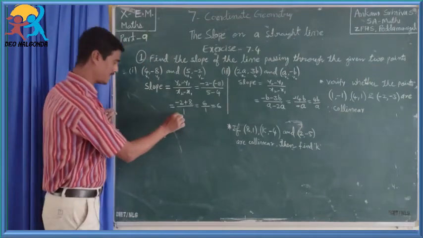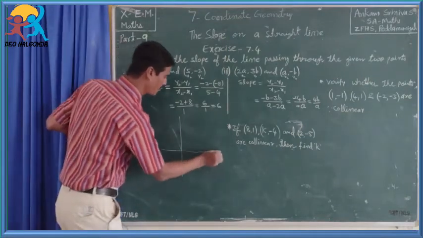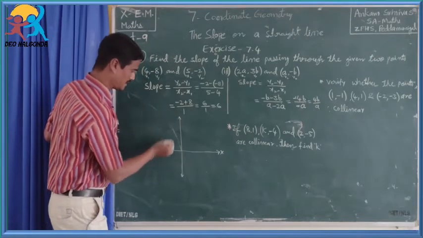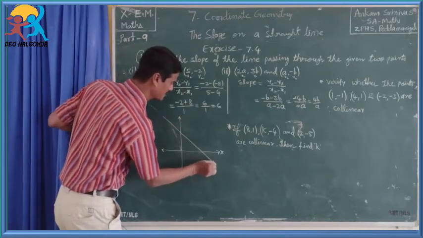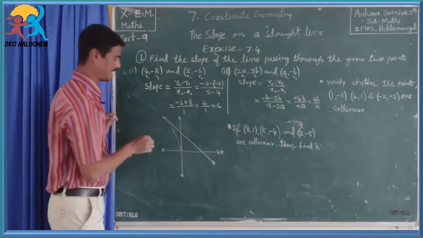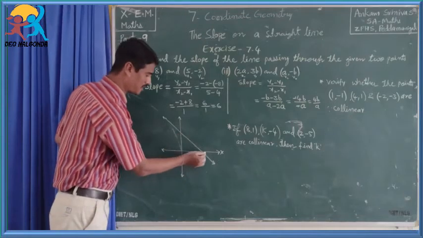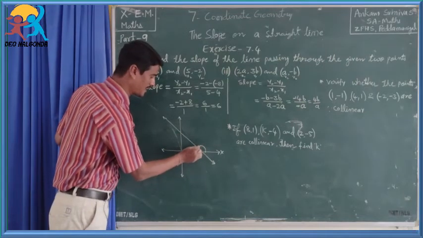What is the slope of the line? Very easy. Suppose it is a coordinate axis, and let us have a straight line, and this straight line makes an angle theta with the x-axis in the positive direction. Positive direction means anti-clockwise direction.